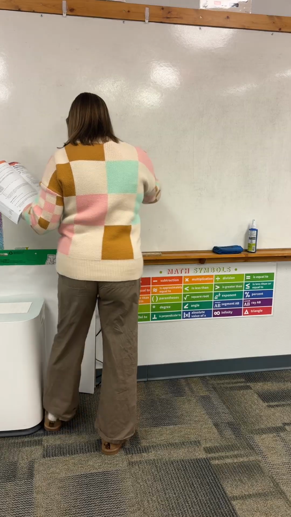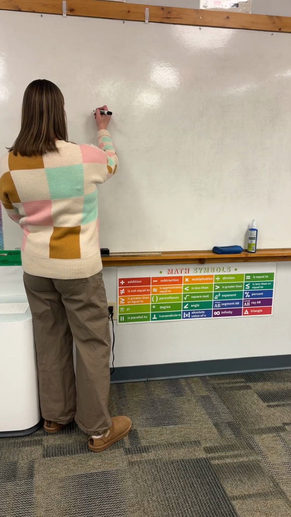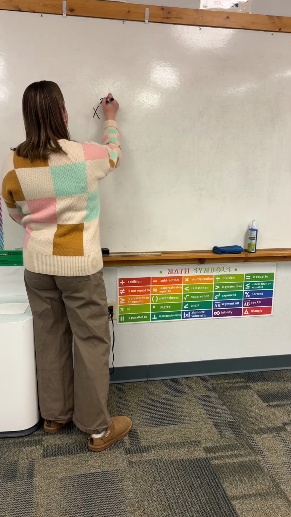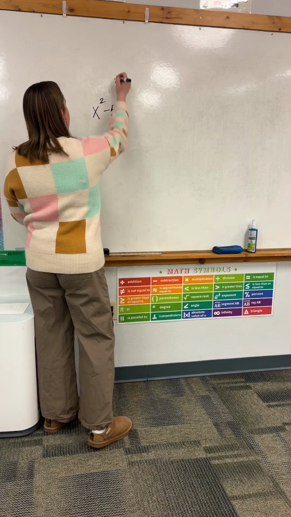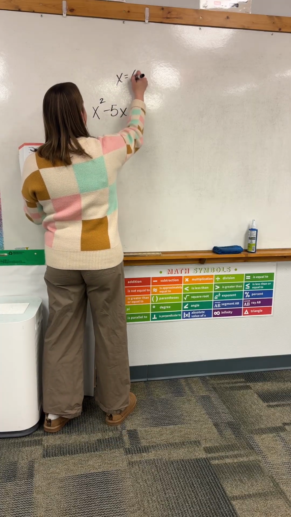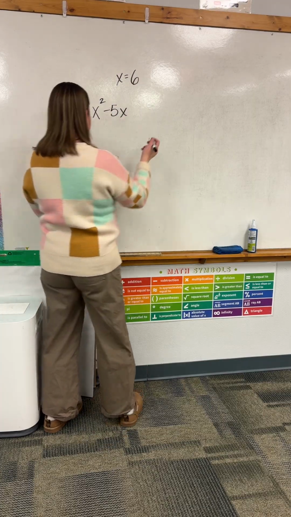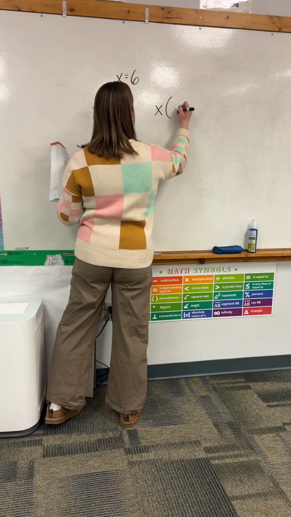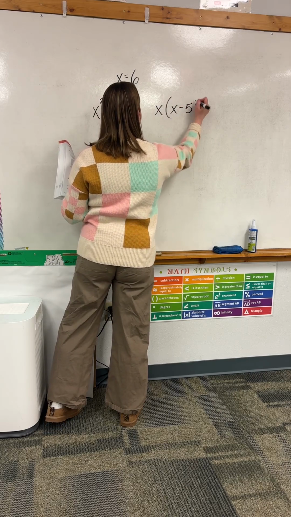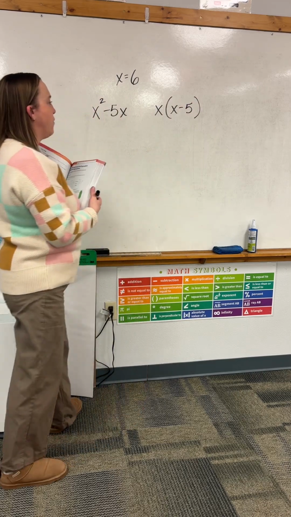So the very first one that we're going to do is x squared minus 5x. And in this equation, x is equal to 6. Then we're going to do x times the difference of x minus 5.